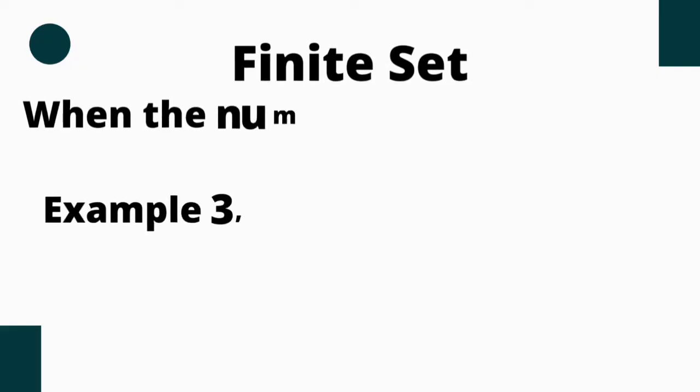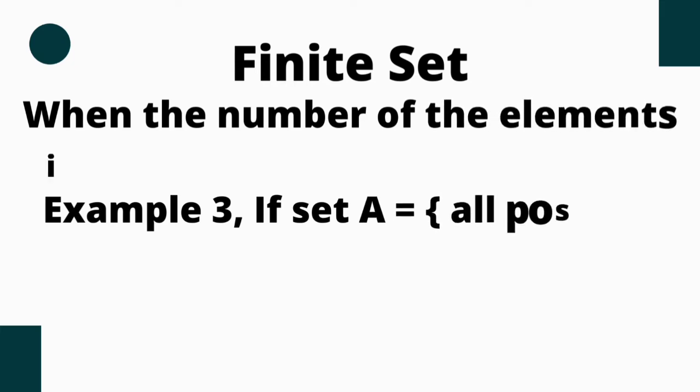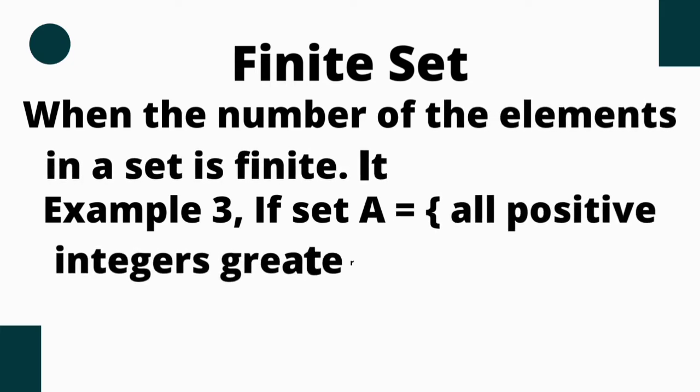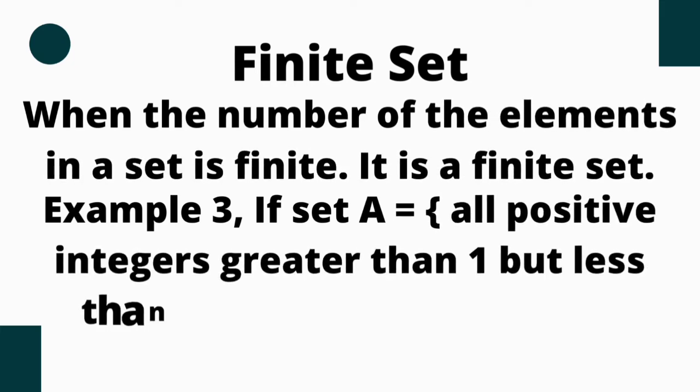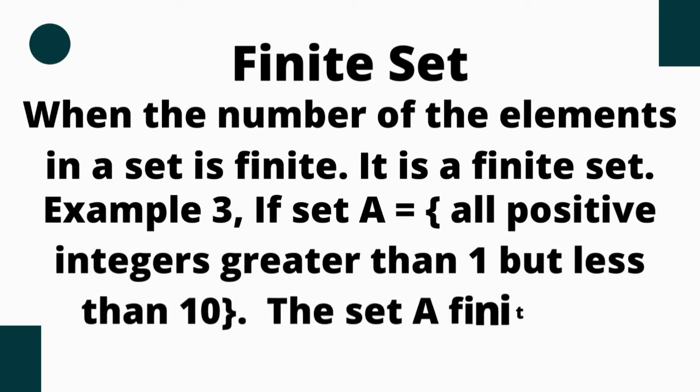Finite set. When the number of the elements in the set is finite, it is a finite set. Example, if set A is all positive integers greater than 1 but less than 10, the set A is called a finite set.